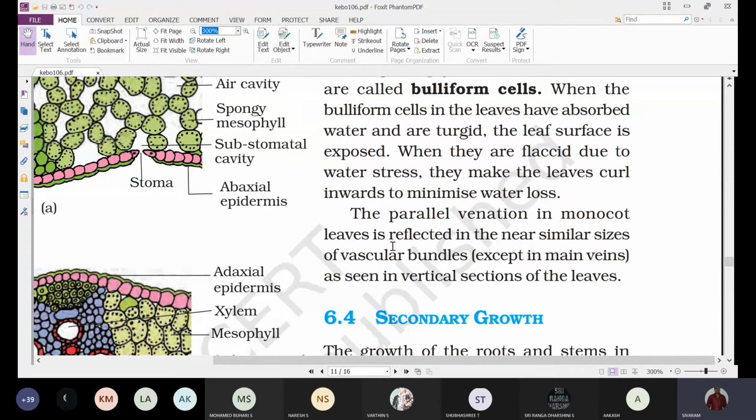Because if it does not roll, the plant continuously loses water by transpiration, dries up, and dies. So to prevent such a condition, usually in monocotyledonous plants, especially in grasses, we find these bulliform cells which roll and unroll depending upon the environmental conditions, so that they minimize the water loss due to transpiration.